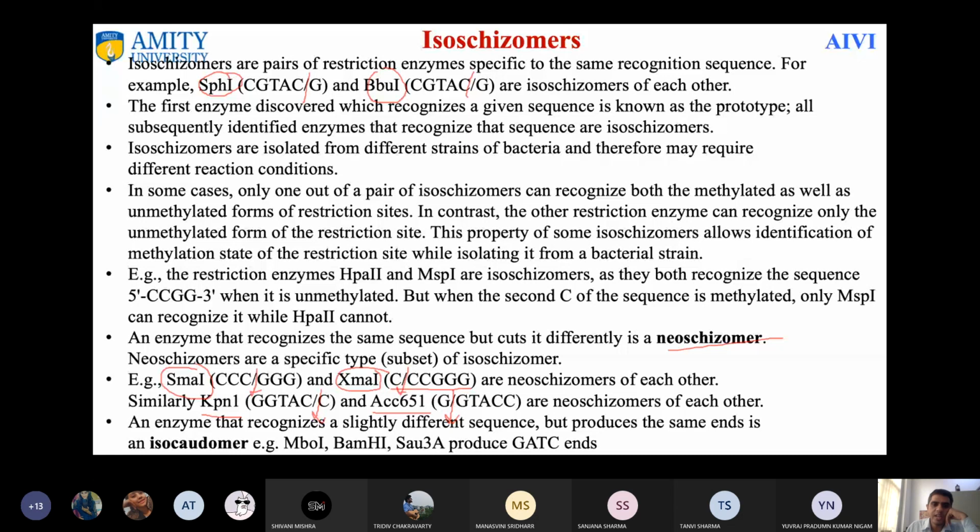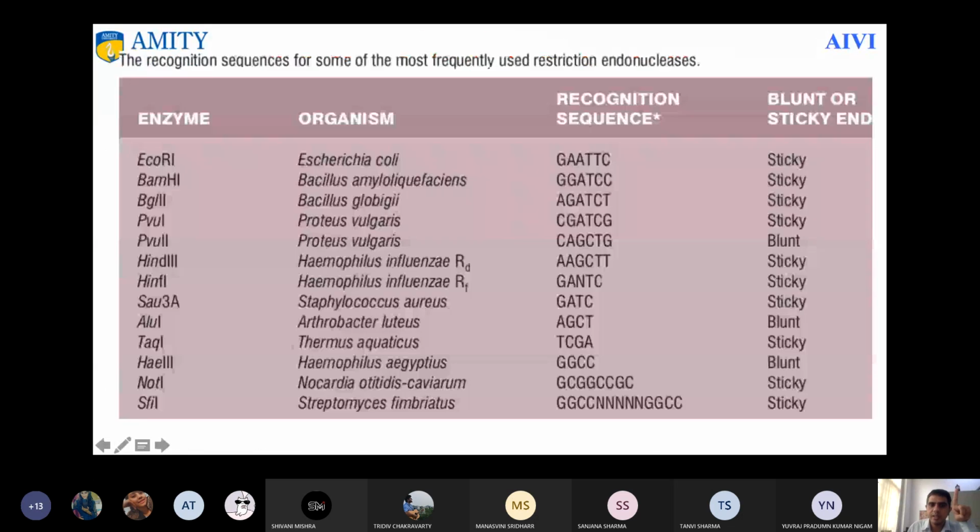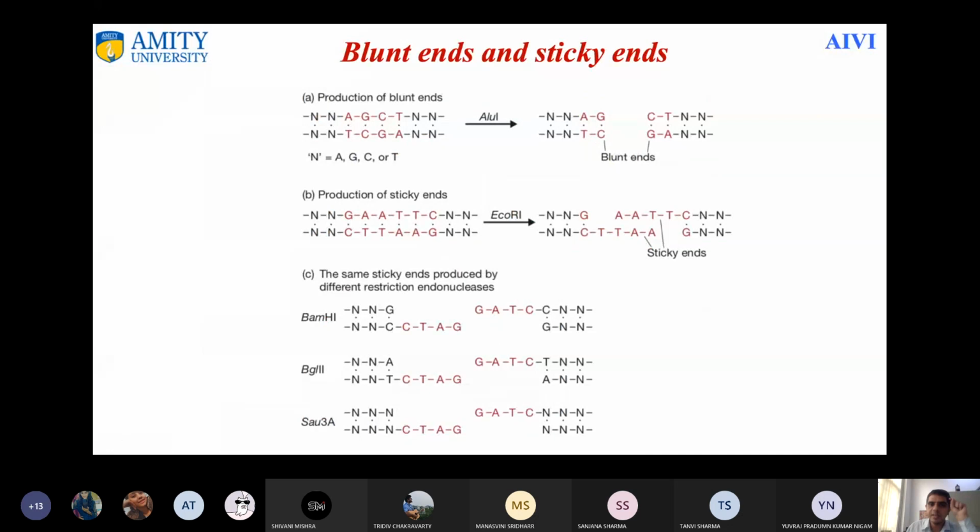So one more type of isomerism is there in enzymes. An enzyme that recognizes a slightly different sequence. So they are recognizing different sequences but producing the same ends. In the previous slide, if you remember, BamHI, BglII, and Sau3A, all of them are recognizing different sequences, but they are producing the same type of ends.